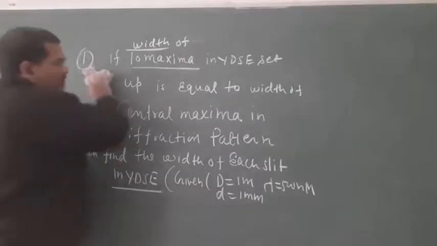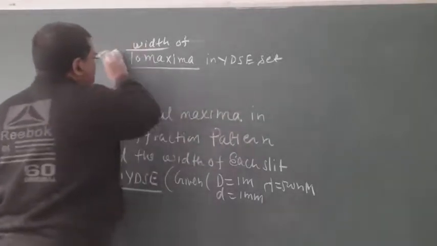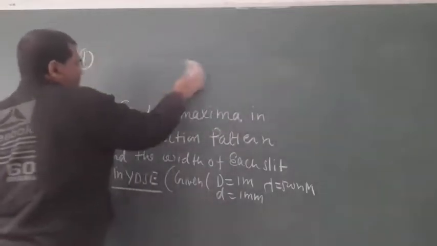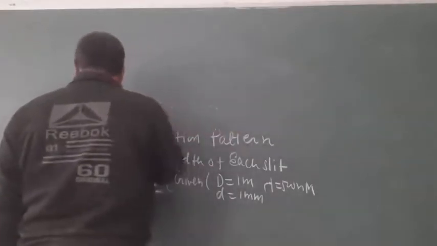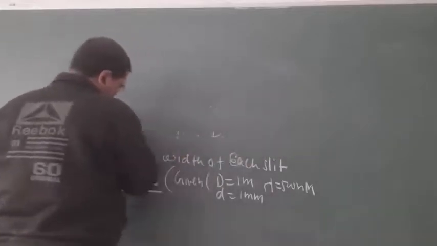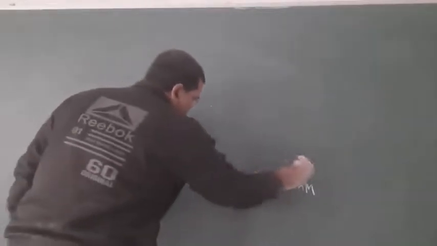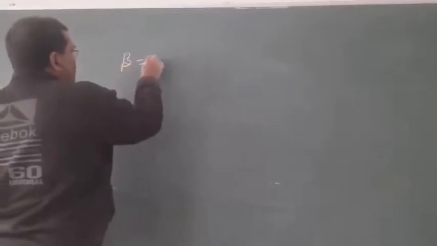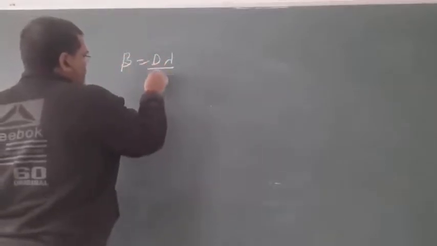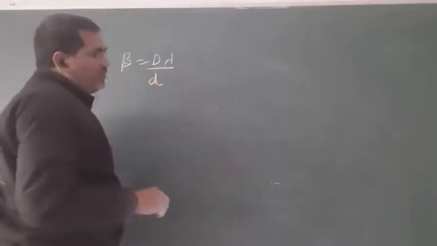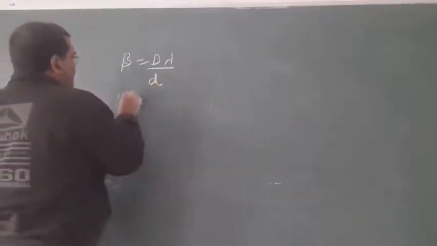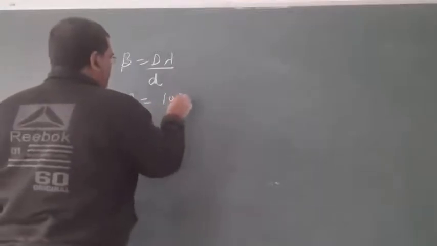Okay, let me explain. The fringe width of maxima is beta, D lambda by d, and the width of 10 maxima is 10 times beta, that is 10 D lambda by d.